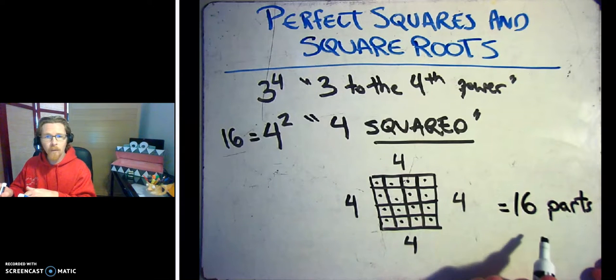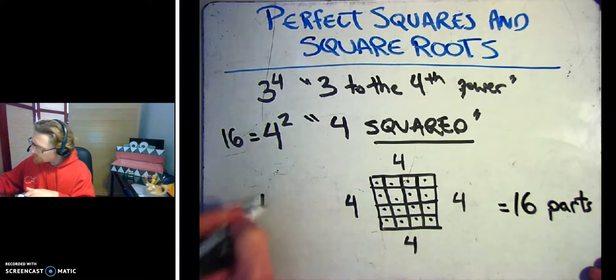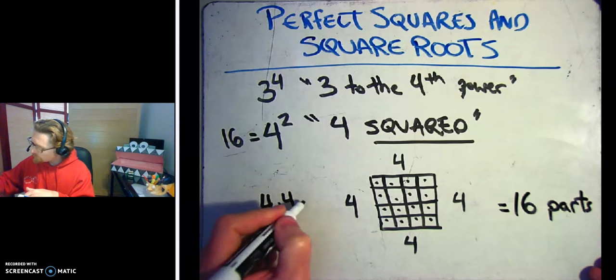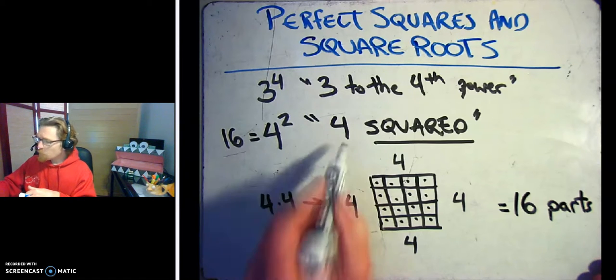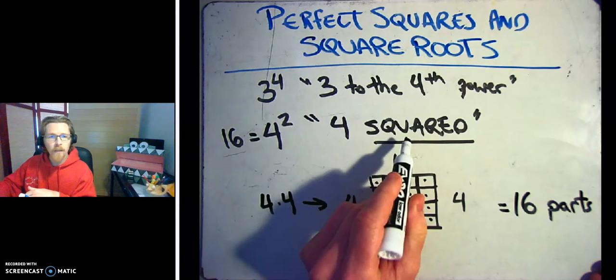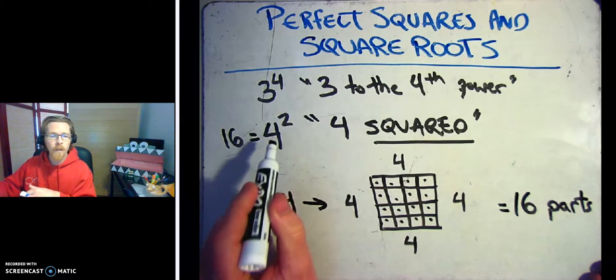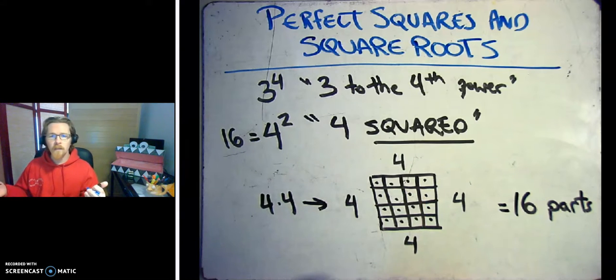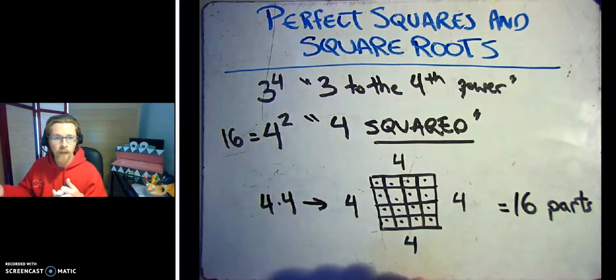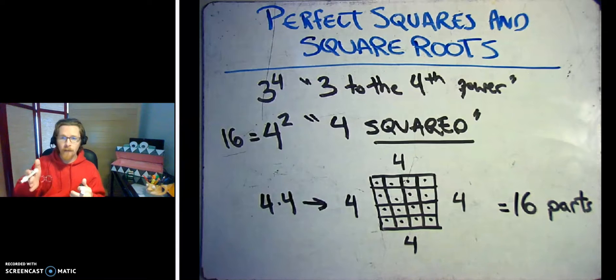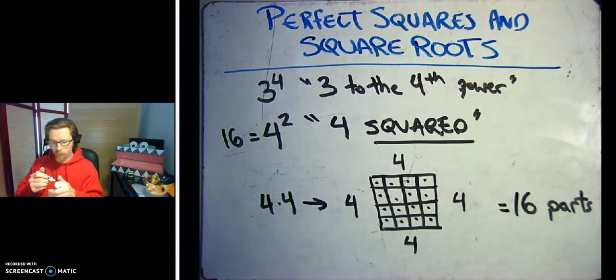And 16 parts is the value of 4 times 4. So we say 4 squared, and we use the power of 2, because really we're representing the shape of a square that has a length of 4 and a width of 4.